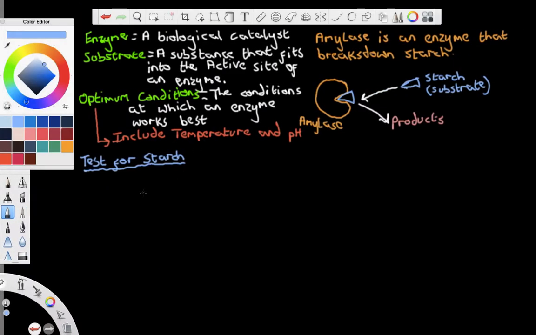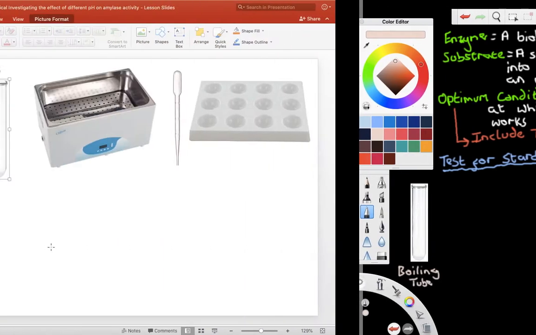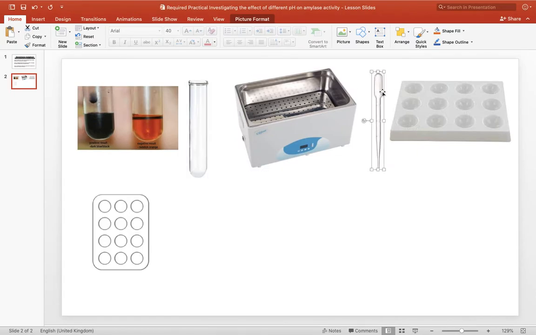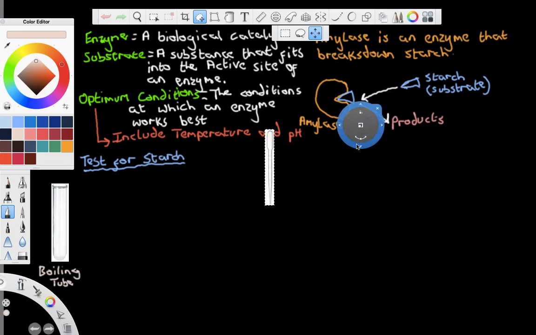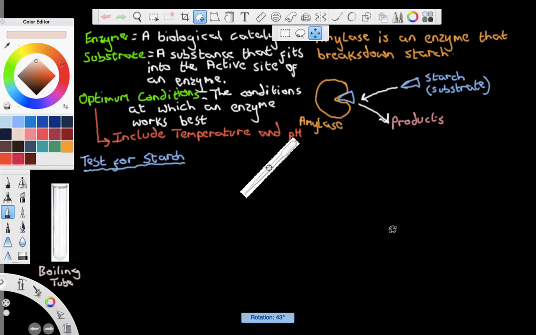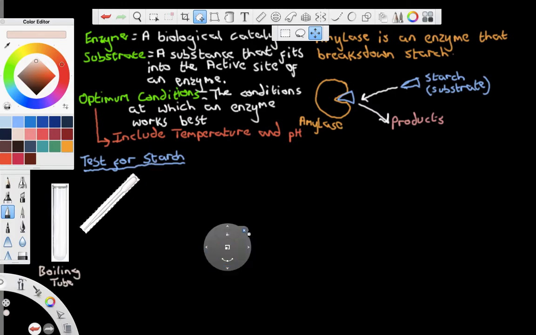Essentially, when we test for starch, we can take a boiling tube. So this is my boiling tube. We can take a pipette and we can add iodine to it to see if starch is present.